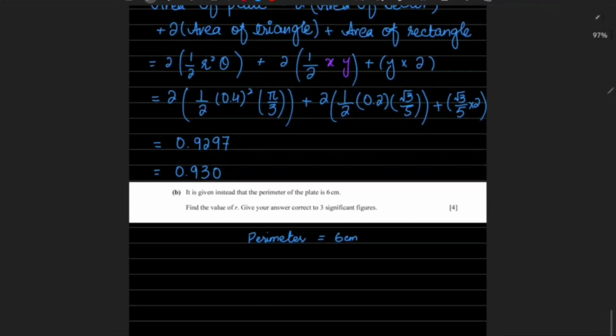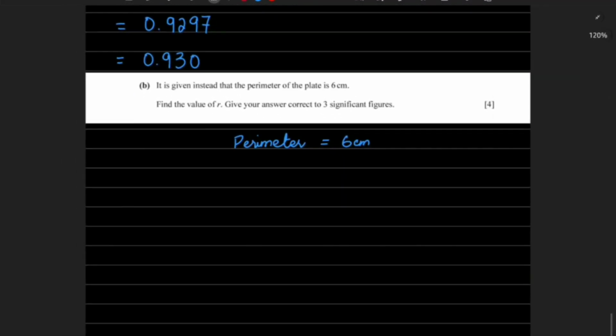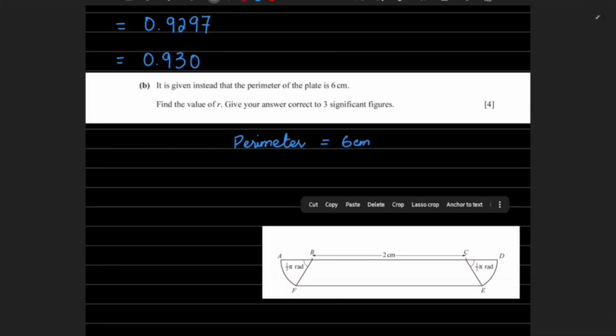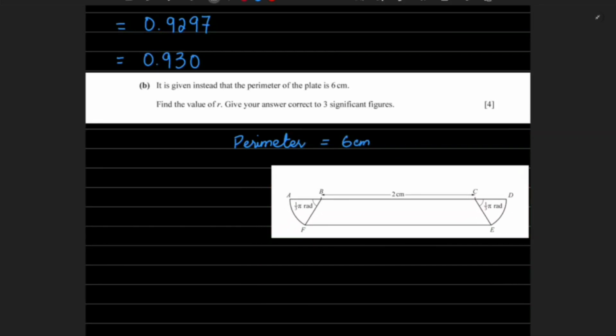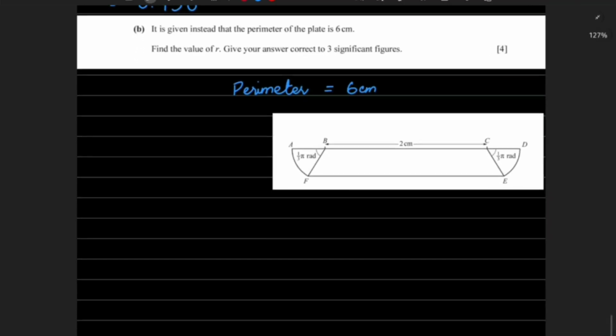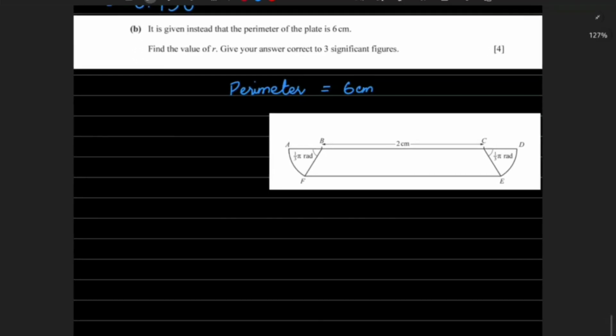So let's look into this, how we can find the perimeter. So the perimeter is actually going to be equal to AB length, starting from here, AB plus BC length plus CD length. CD is actually the radius.